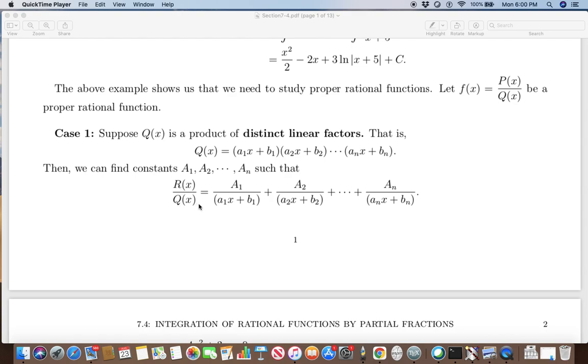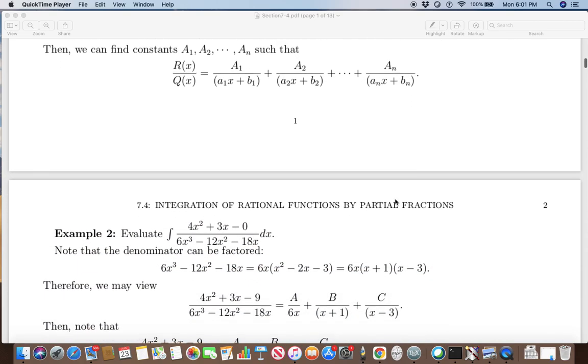Remainder over q(x) is, you have to write it with constants on the top for each factor. So, A1 over a1x plus b1, plus another constant for the second factor, and so on until a constant for the last factor.